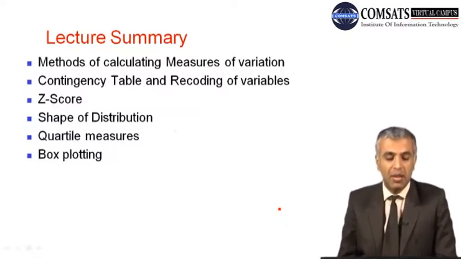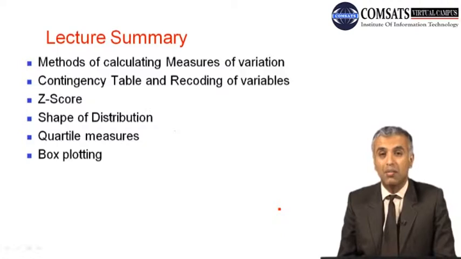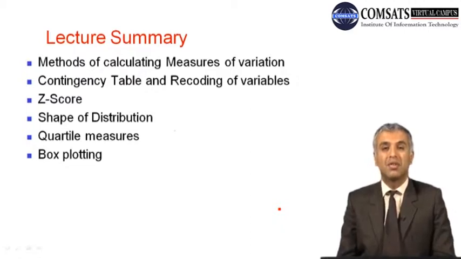Then we discussed the various quartile measures, how they are calculated, what their significance is, and how these quartile measures can be displayed in the form of box plotting. So this was enough for today.